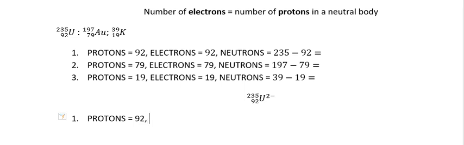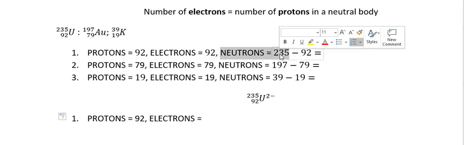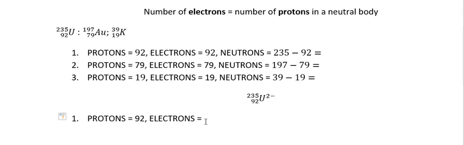What is changing is the electrons, because the neutrons will still remain the same. When we have 2 minus, it means that you have gained 2 electrons. So the minus sign means you have gained electrons and the plus sign means you have lost electrons.